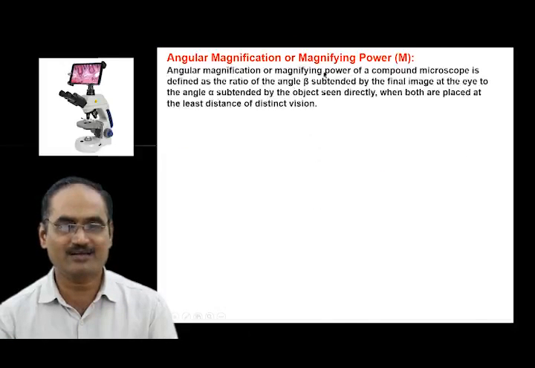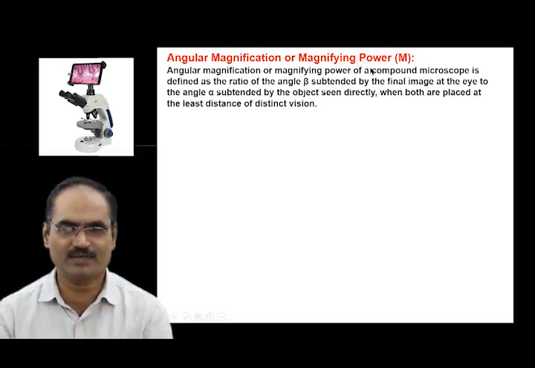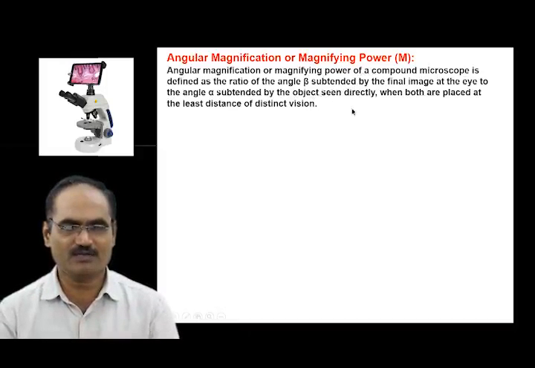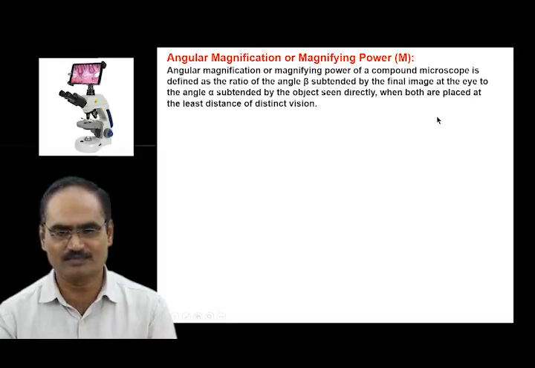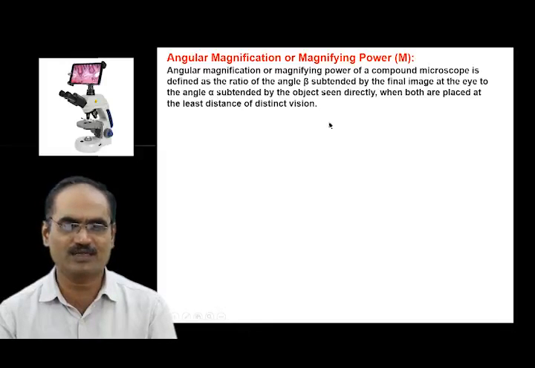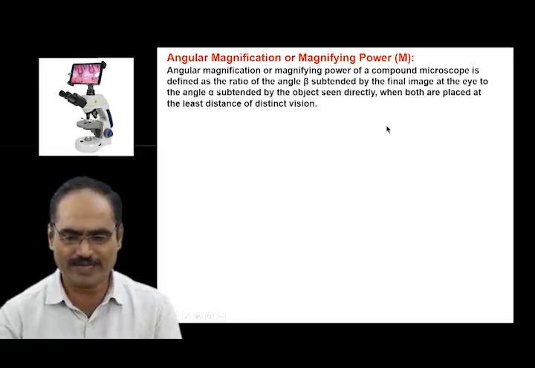That is called angular magnification or magnifying power. The angular magnification is the ratio of the angle subtended by the image at the observer to the angle subtended by the object at the observer. So let me go back and see that.